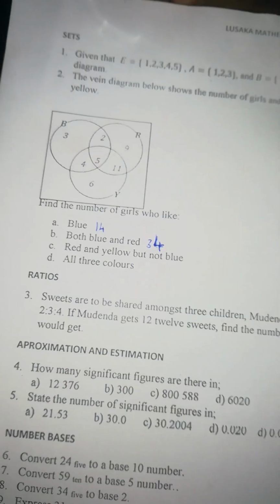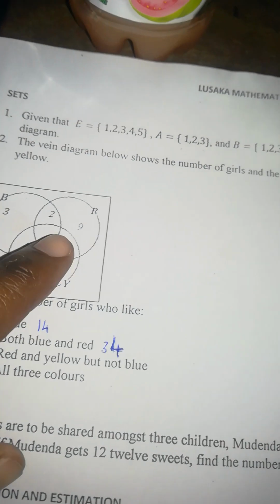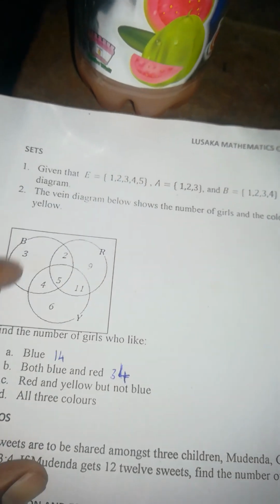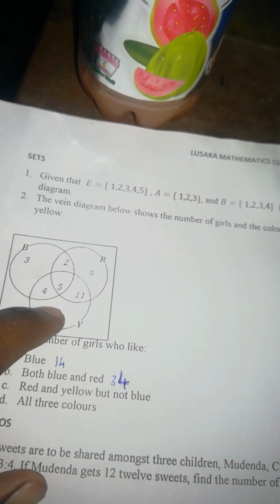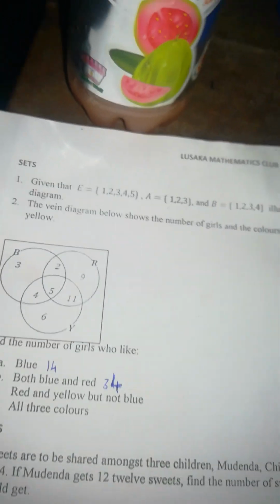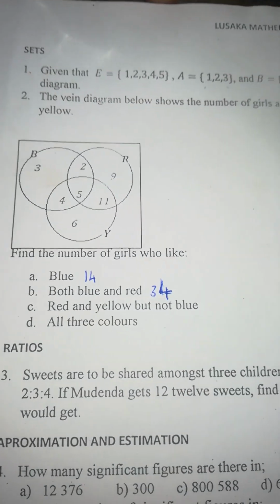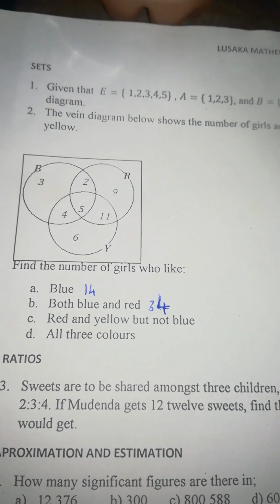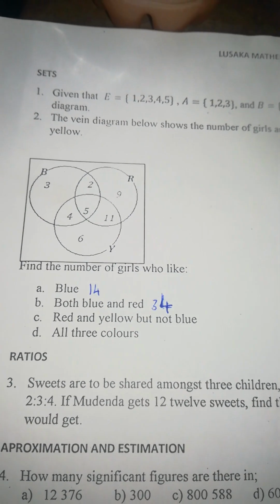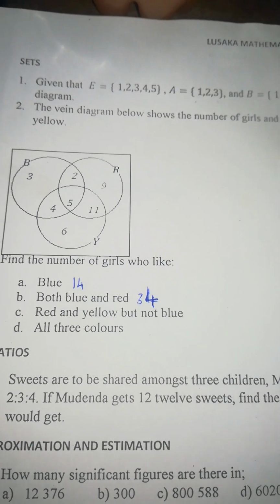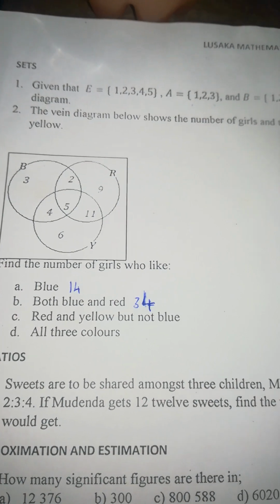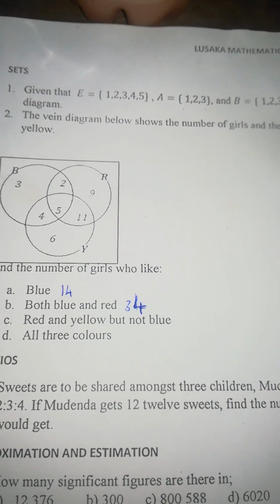Red and yellow, but not blue. So red and yellow. Remember that and will mean intersection. So red and yellow simply means R intersection Y. And R intersection Y, that's 5 and 11, which is 16.